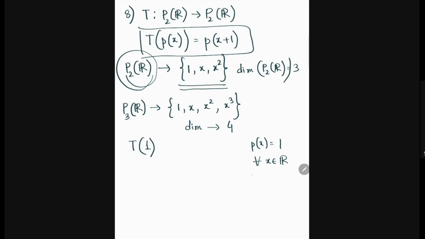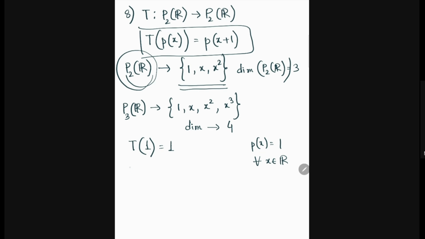But here P of x is 1 for all x belongs to R, so this should be 1, right? Do any of you have any doubt in this? Please let me know.